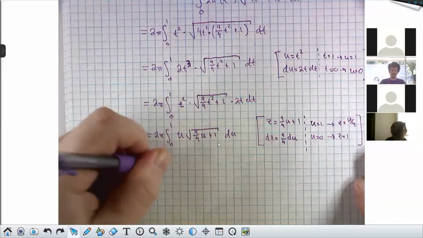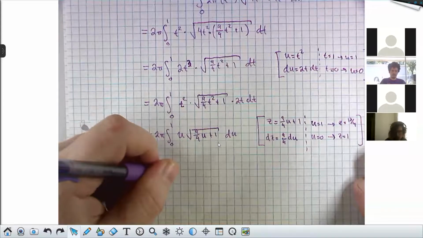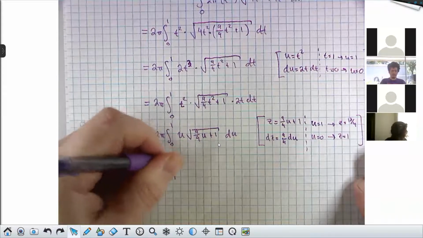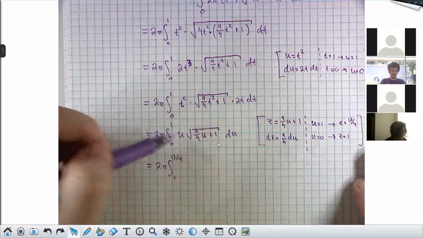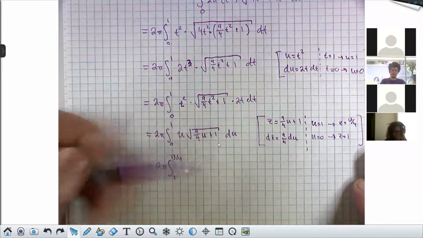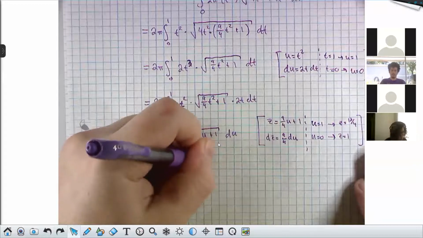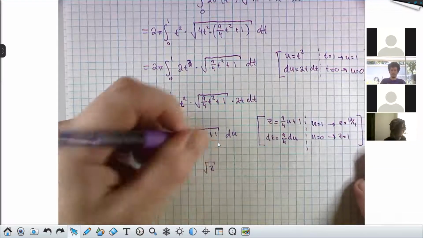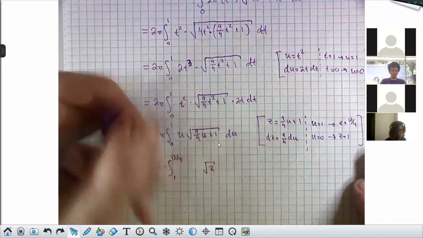So I get 2 pi integral 1 to 13 over 4. This u, I'm going to have to come back and solve this for u. I'll put in the square root first. This is the square root of z. And then du is 4/9 dz.